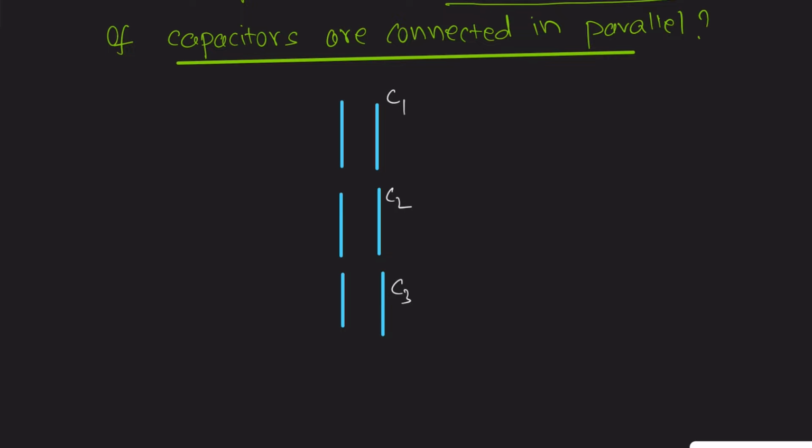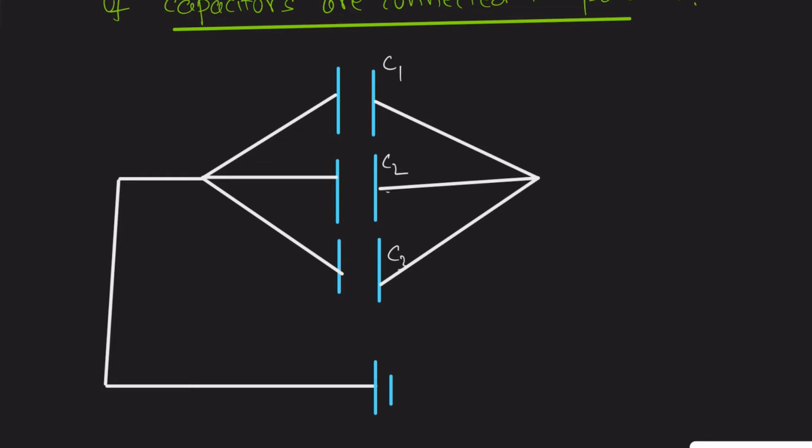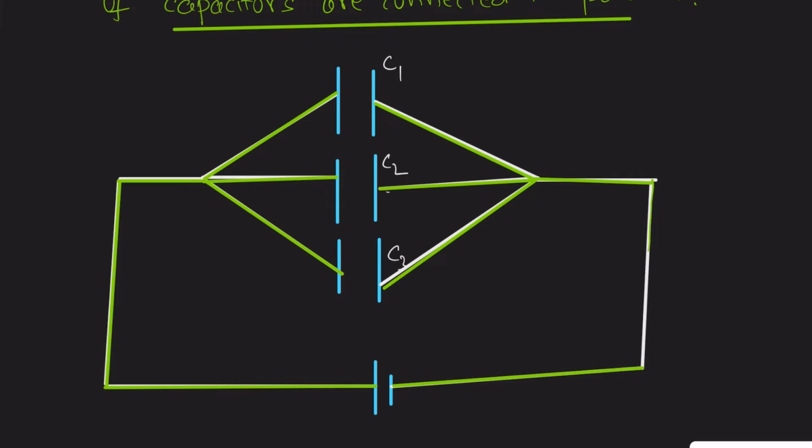Parallel means one plate of each of the three capacitors is connected to the positive terminal of the battery. The remaining plates of the three capacitors are connected to the negative terminal of the battery. See here, C1, C2, C3 are three capacitors connected in parallel to the battery in this way.